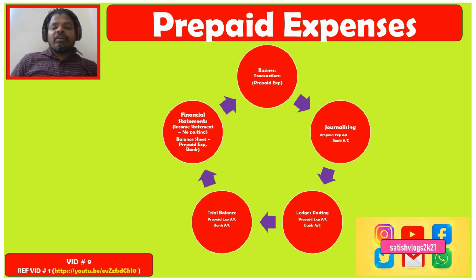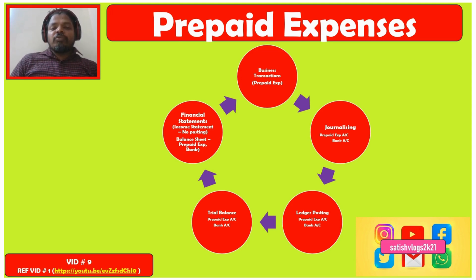Whatever the amounts shown under the debit side in the trial balance should match up with the balances shown under the credit side. There shouldn't be any discrepancy, because as we have been following the double entry system of bookkeeping, the amounts shown under the debit side should match up with the credit side.